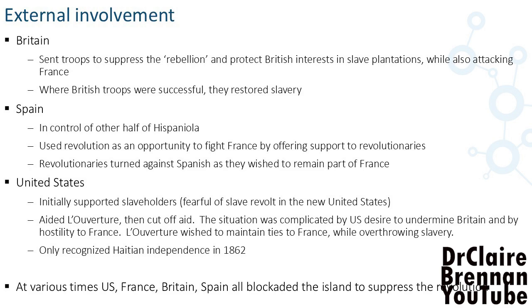Spain supports the revolutionaries for a while because it controls the other half of the island of Hispaniola, and it wouldn't mind controlling Saint-Domingue, but it is also threatened by the revolutionary ideas being put forward about it being wrong to enslave African people. Spain also is off-put by the revolutionaries' desire to remain loyal to France, when the whole point of Spanish involvement is to destabilize French control of that portion of the island.